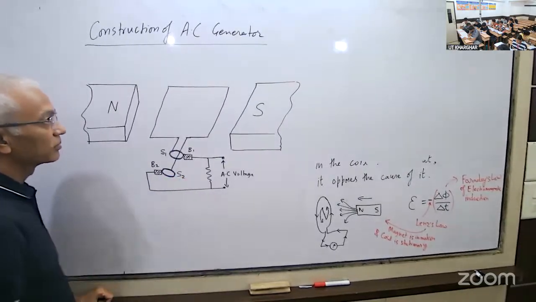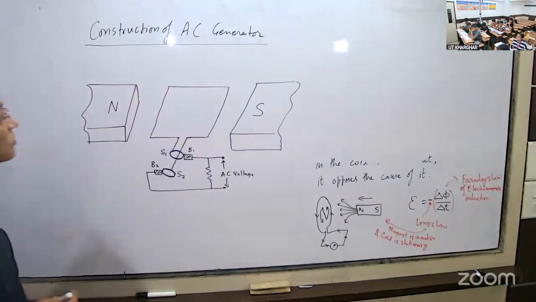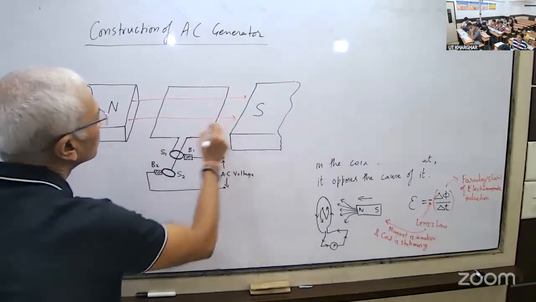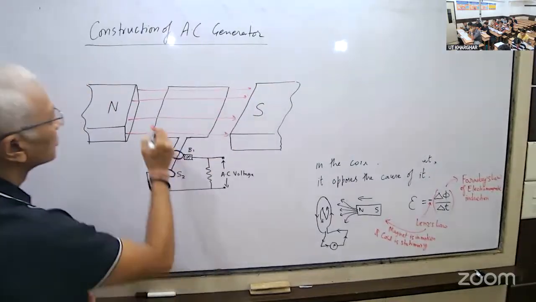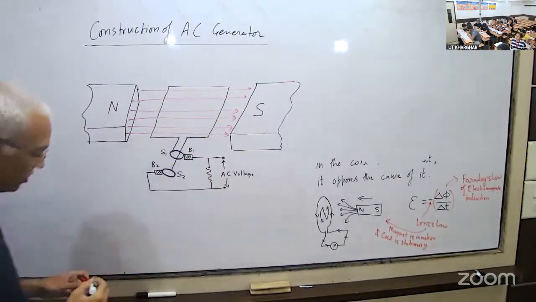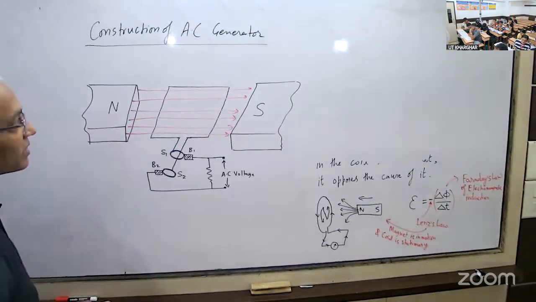Let us understand. So what is the magnetic field direction? It is here. Again, there is the magnetic field. The coil is mounted on the axis.